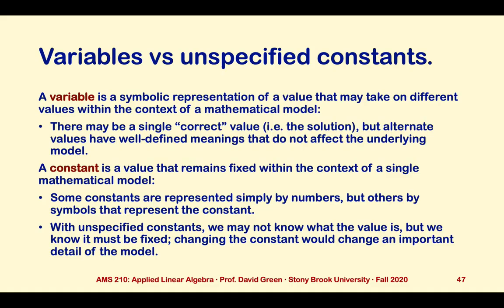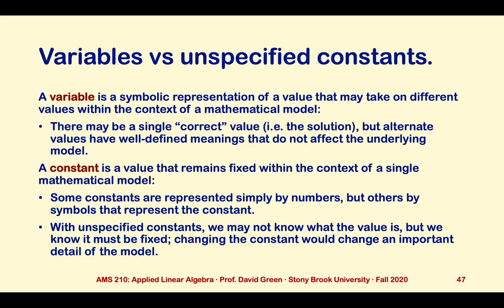We might be writing down a general model to describe the progression of a disease through a population, for example. And there are properties of the illness, properties of the disease that we don't know yet.